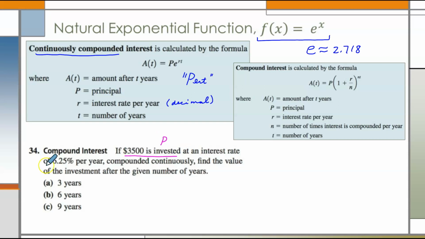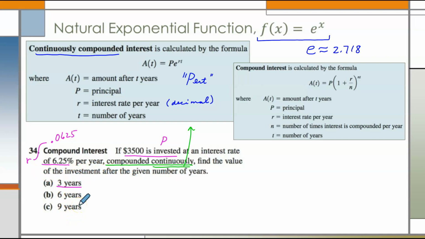We have an interest rate R of 6.25%, so we're going to make sure to turn that into decimal, 0.0625 for our interest rate. Now here is what tells us which formula to use. Since it's compounded continuously, then we're going to use PERT. Okay, find the value after 3 years, 6 years, and 9 years.